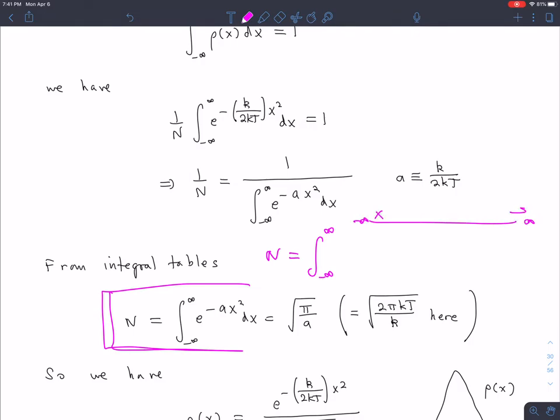In principle, I can stretch the molecule as far as I like, or I can compress it as far as I like. And so it can be the integral from minus infinity to infinity of e to the minus kappa over 2kT x squared dx. That's what should go in there.